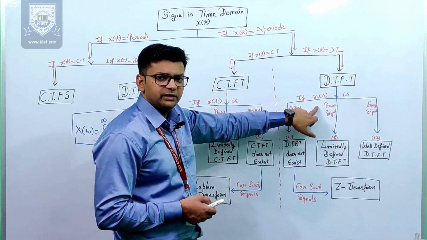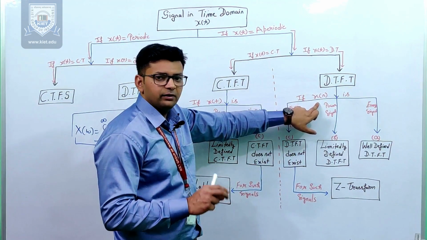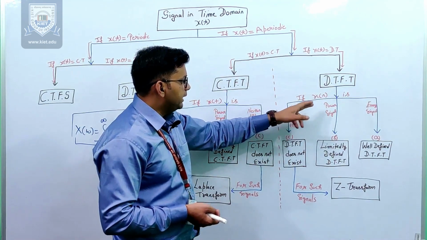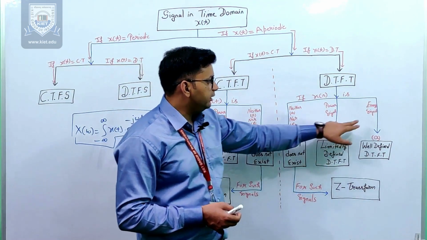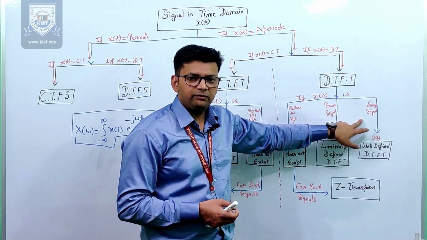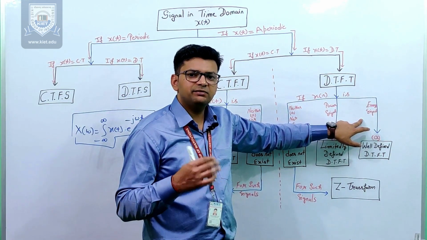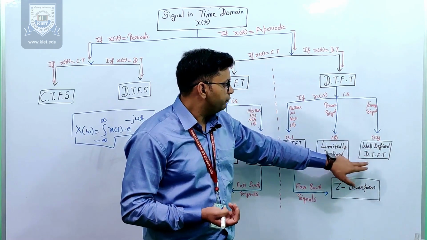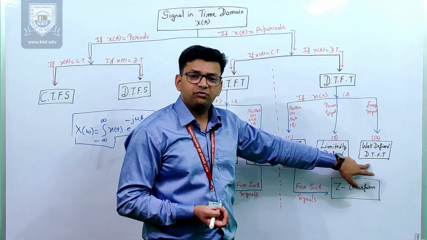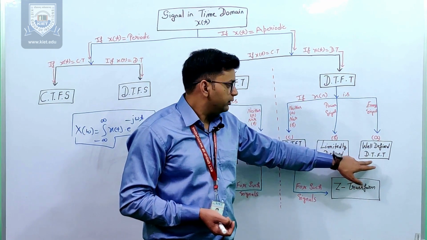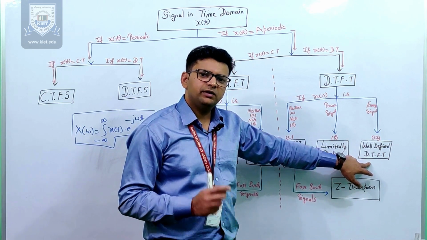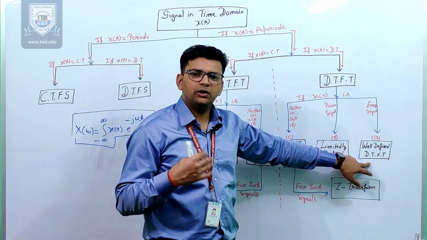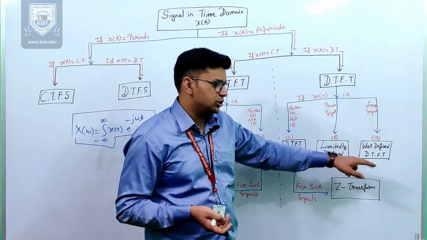We can represent discrete time signals in terms of its parameter n, where n is the number of samples, right? If x of n is again absolutely summable, here we will use the word summable, or we can say if the signal is my energy signal, so we can directly use the formula to calculate the Fourier transform, right? For such signals, we can use directly the formula to calculate its frequency domain representation.